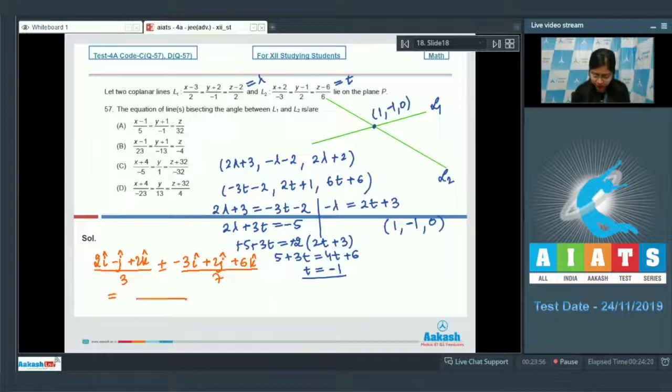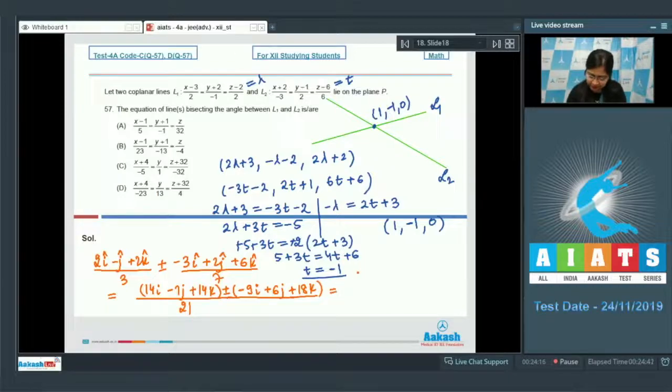So this is equal to 14i minus 7j plus 14k plus minus 9i plus 6j plus 18k.